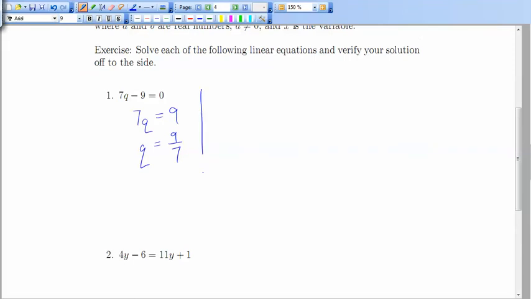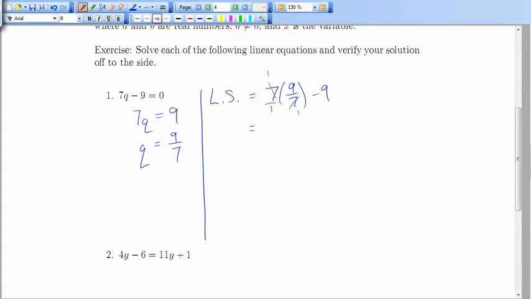But just to practice our format for verifying solutions, let's verify it over here. So the left-hand side would equal 7 times 9/7 minus 9. And if we do our fractional arithmetic, remember that's 7 over 1 times 9 over 7, and we can cancel out the common factor of 7 in top and bottom there.